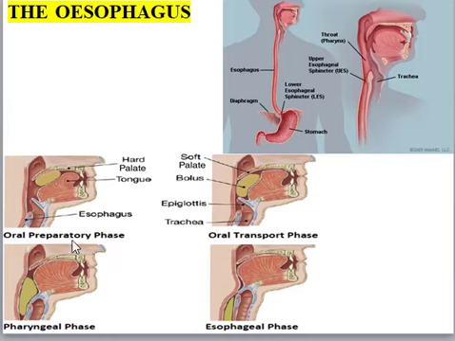Some classify it as oral, pharyngeal, and esophageal phases. The oral phase can be classified into oral preparatory and oral transport. There is different nomenclature for these stages of swallowing. In this picture we can see the first step in swallowing, which is the oral preparatory phase, and this occurs by mixing of the food with the saliva in the mouth.